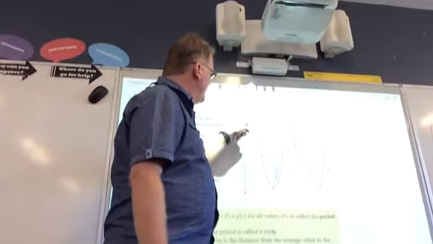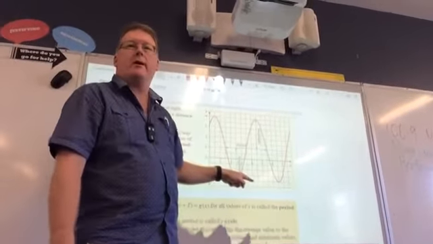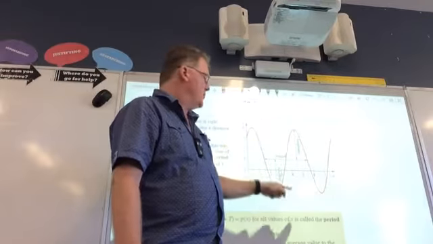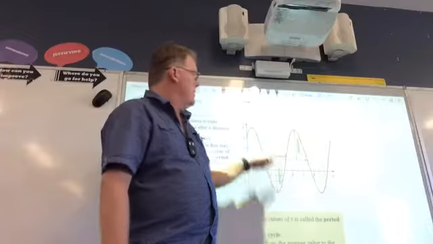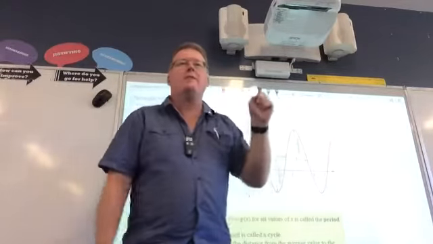One cycle is if I start at a crest, that's a trough. We all okay with that terminology? Crest, pretty obvious, it's a mountain, trough, valley. So how often do I do that? How many times do I do that in 1 second?